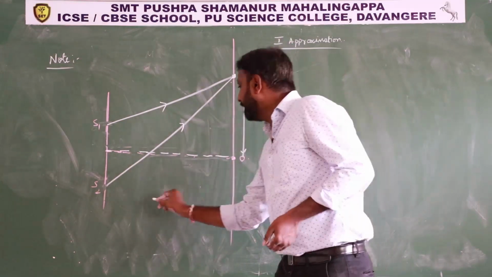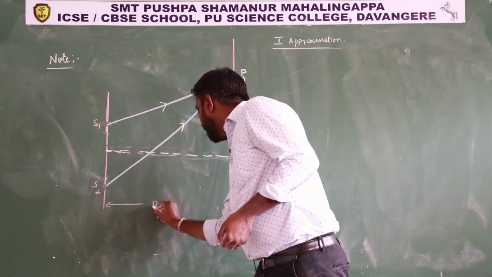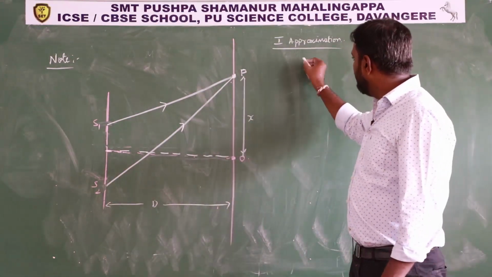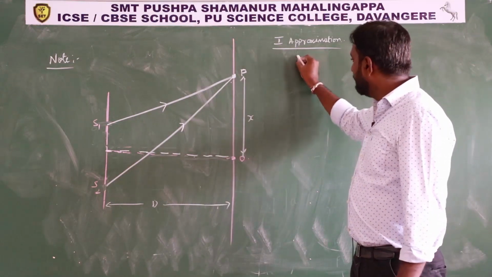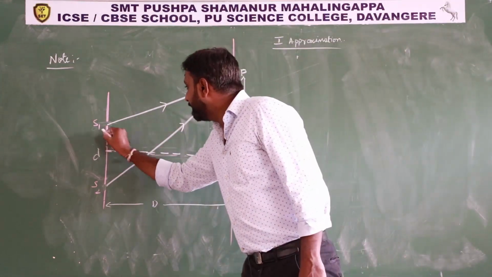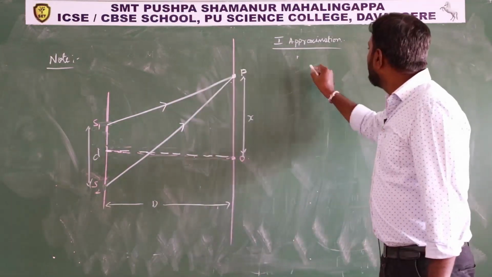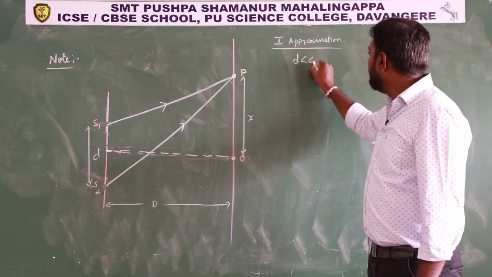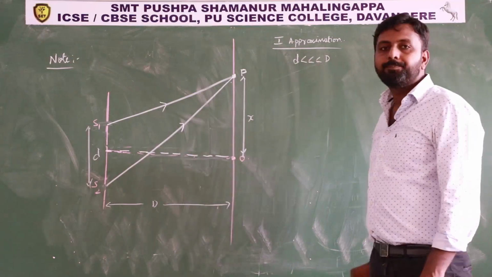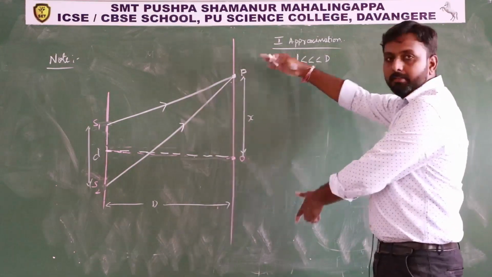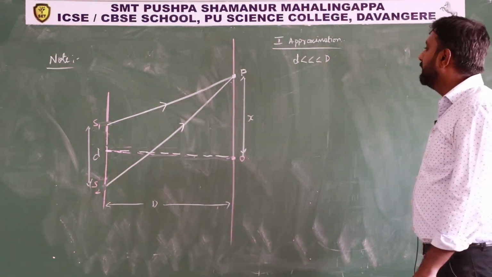This is very much lesser than d, that we have taken as first approximation, right? Here remember, this is d, the distance between two slits, and if d is very much smaller than capital D, then we can consider the screen is at a very large distance.